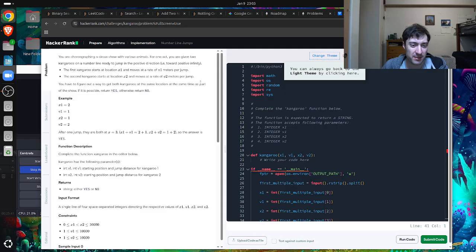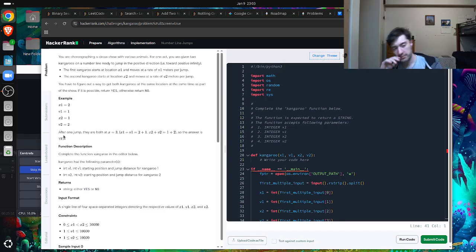After one jump, they both move forward. So the answer is yes. Complete the function kangaroo in the editor below.